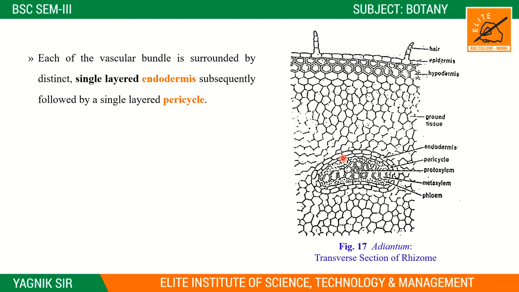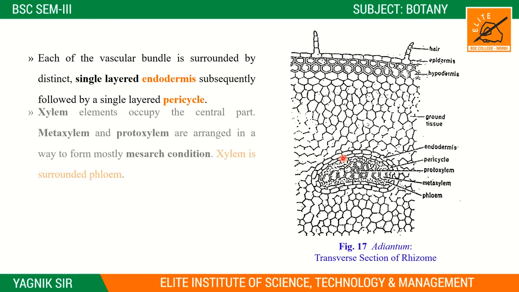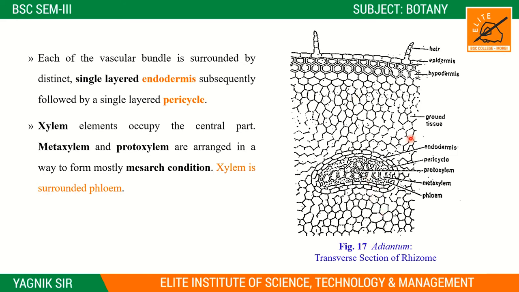Each vascular bundle is surrounded by a distinct single layer of endodermis, right, subsequently followed by a single layer of pericycle, right. And here in young rhizomes only one endodermis and one pericycle is present. After maturation, two endodermis layers are formed, and two pericycle layers are formed.